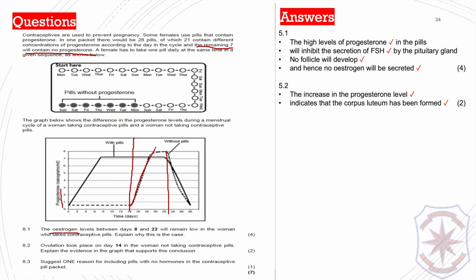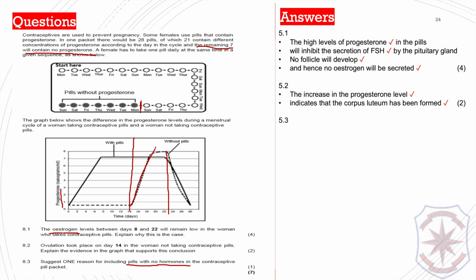Last question. Suggest one reason for including pills with no progesterone in contraceptive pills. Okay? So the contraceptive pills that contain progesterone end at day 22. The last 7 days, they contain no progesterone.